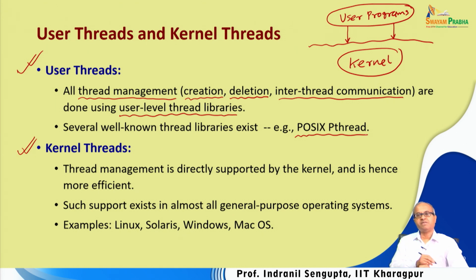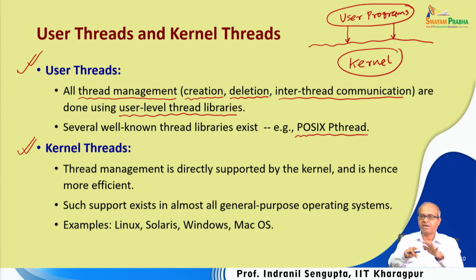Now, other than user level threads, you can have kernel level threads also. Normally, so far whatever we have said, what does the kernel, what does the operating system do? They take the processes as the fundamental unit and they share CPU time and resources among the processes. We talked about a process state transition diagram, but when we talk about kernel level threads, we are saying that switching of the resources among the threads is directly done by the kernel.